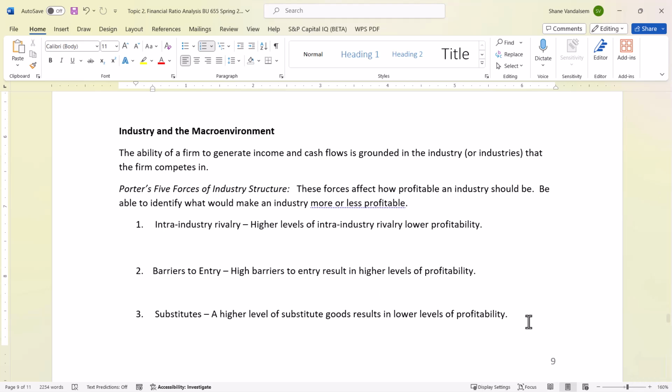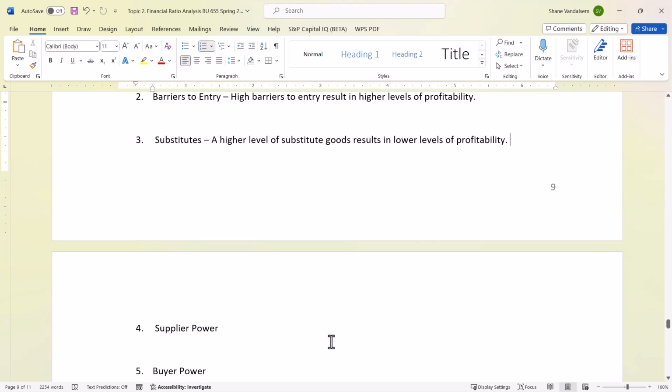If the price of coffee gets too high, then consumers who want the caffeine and want something warm to drink might choose tea instead. So the existence of tea as a good substitute for coffee limits the profitability of companies that make coffee. Just as an example, the fourth is supplier power.